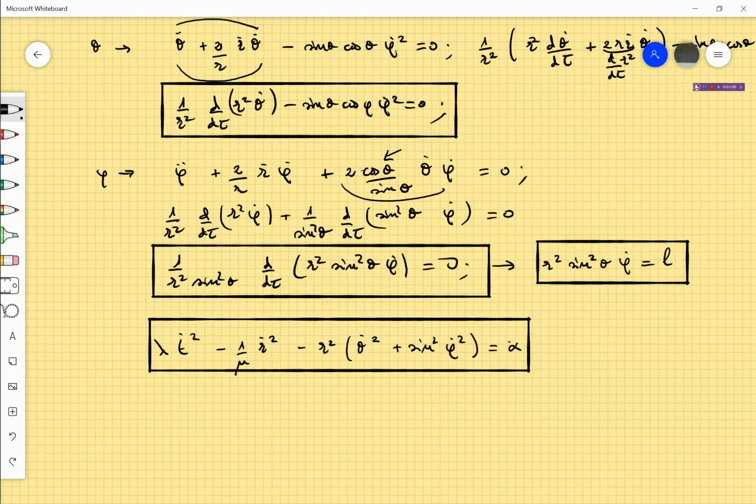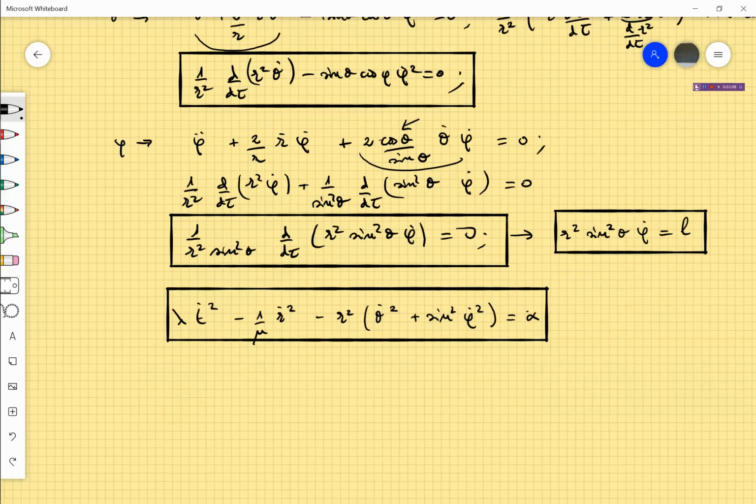Before we do that, let's discuss something else. This is something that we have already mentioned before. These 5 equations are not independent. We can derive a linear combination of the geodesic equations from the mass shell condition.